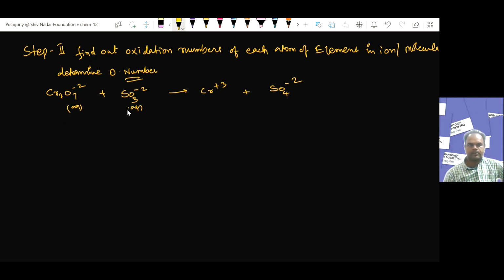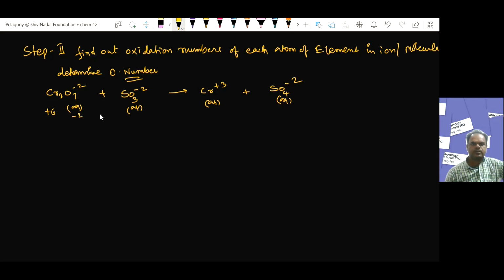After that, determine the oxidation numbers. Chromium in this dichromate, what is the oxidation number? +6. We already know the oxidation number of oxygen is -2, which is the same in all these oxygen atoms.